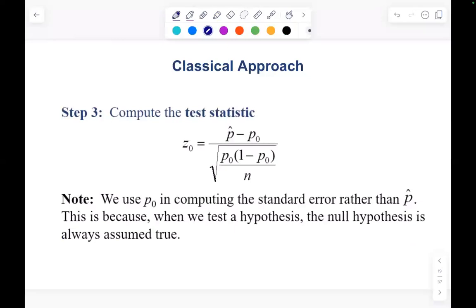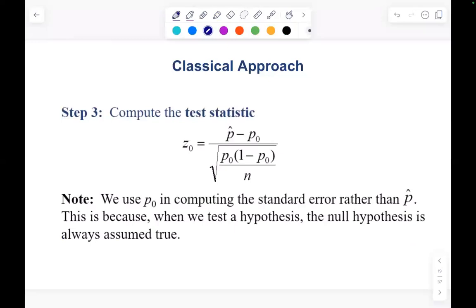Then you're going to compute your test statistic. The test statistic is a z-score. It is basically the same thing we did with confidence intervals, kind of, sort of. This gives you the z-scores that are the bounds of your confidence intervals.